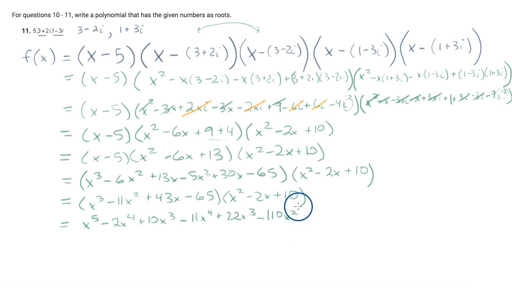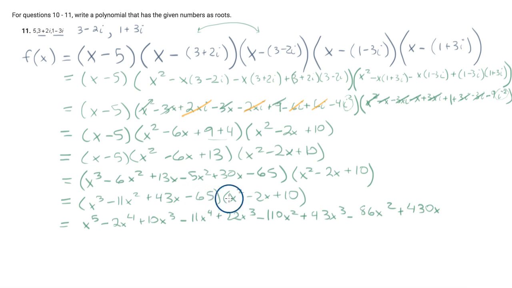Let's move on to 43x. So we'll get positive 43x to the third, okay, minus 86x squared. All right, so multiplying 43x times 10, we just add a 0, so that should be positive 430x.